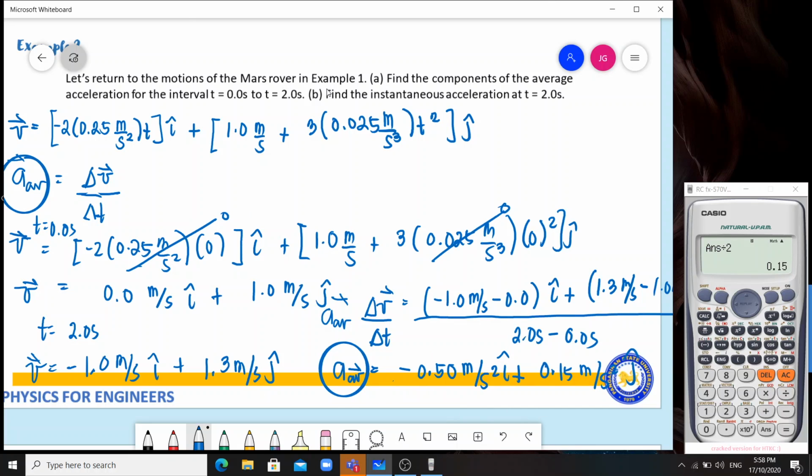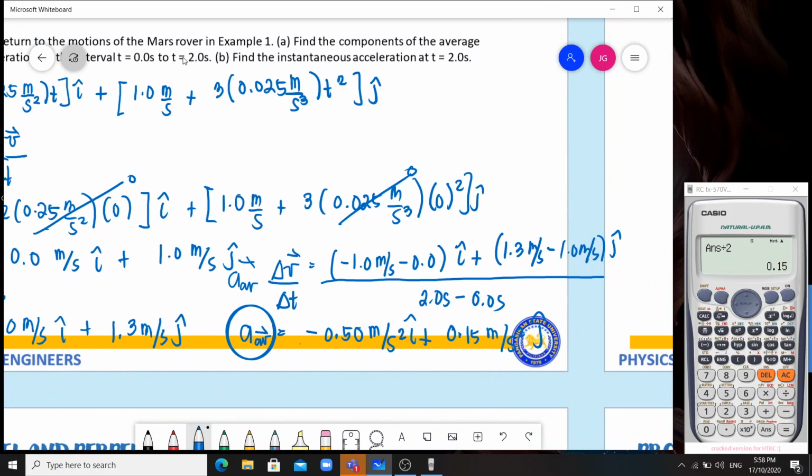The average acceleration x component is negative 0.50 meter per second squared, and the average acceleration y component is equivalent to 0.15 meter per second squared. Okay, now let's go to the next.